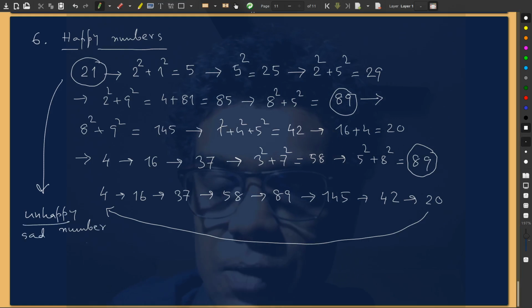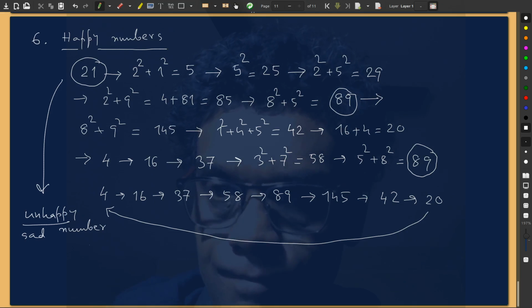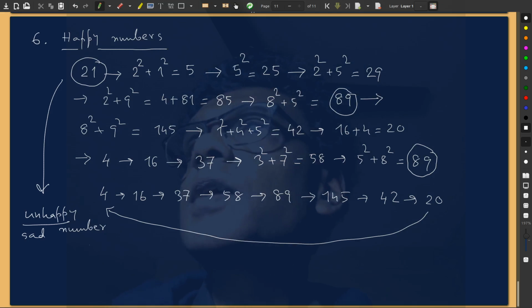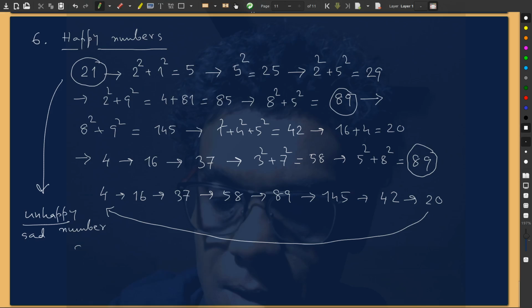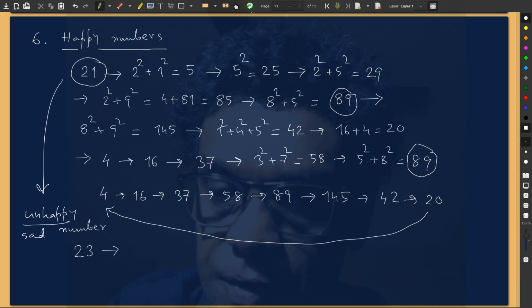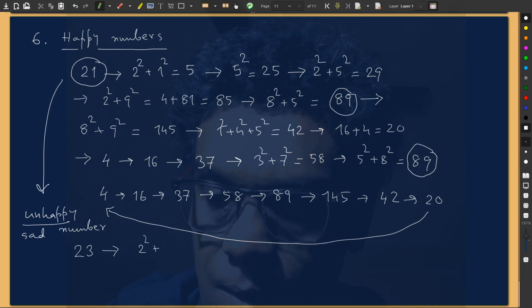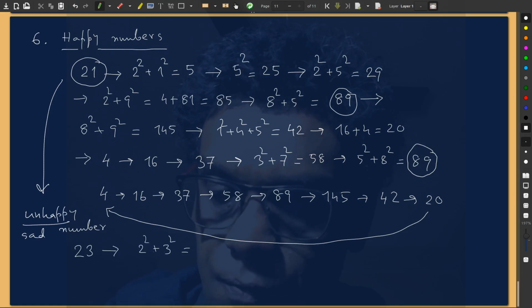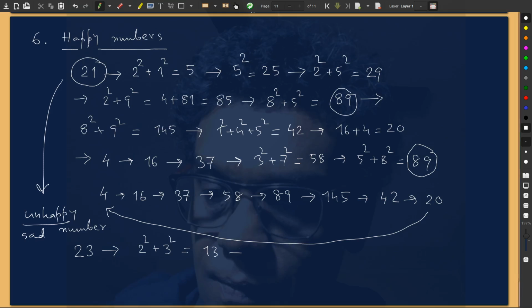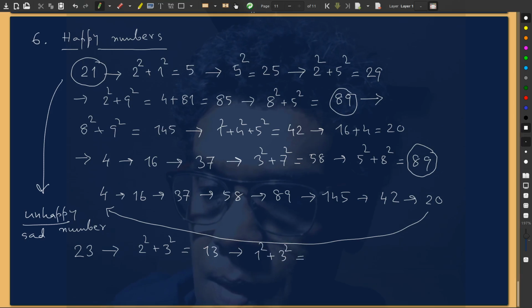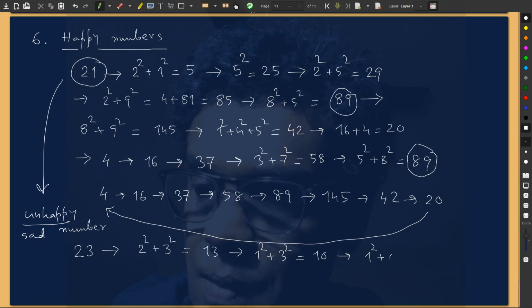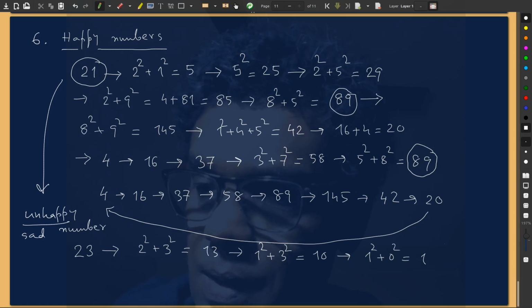Whereas let us look at what happens if I start with 23. Is it a good example? Yes, 23 is a good example. Let us do the same thing. What is this? 4 plus 9, 13. 10. 1.